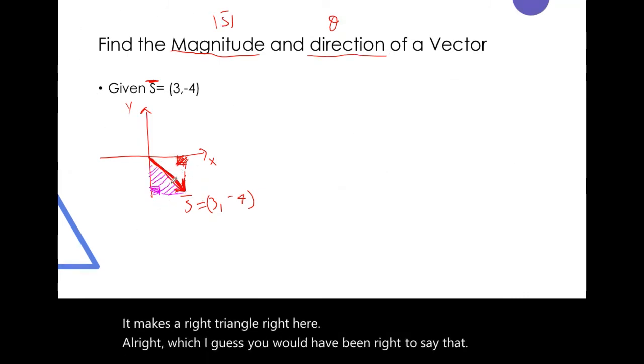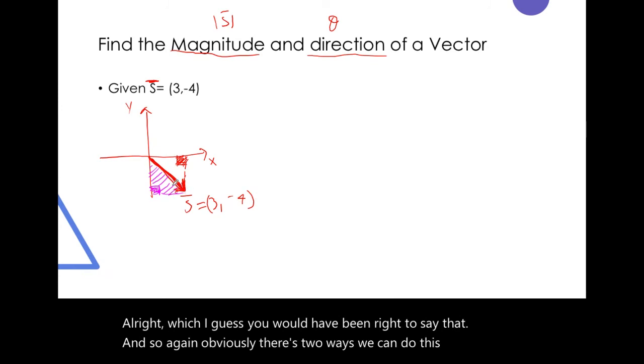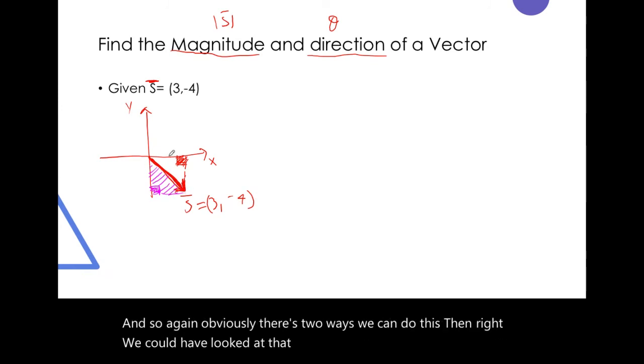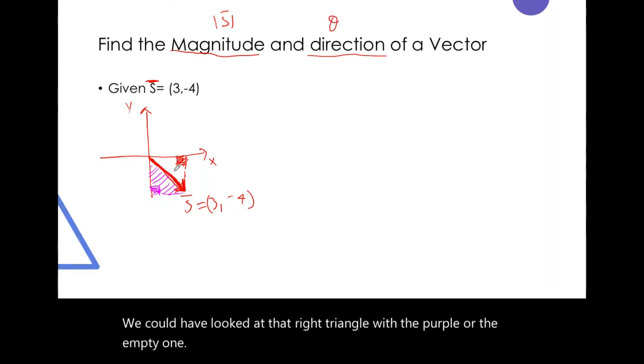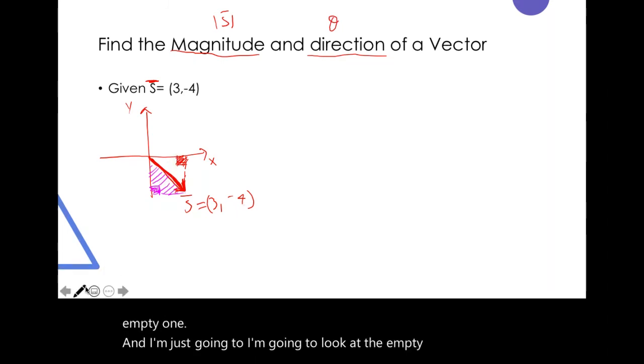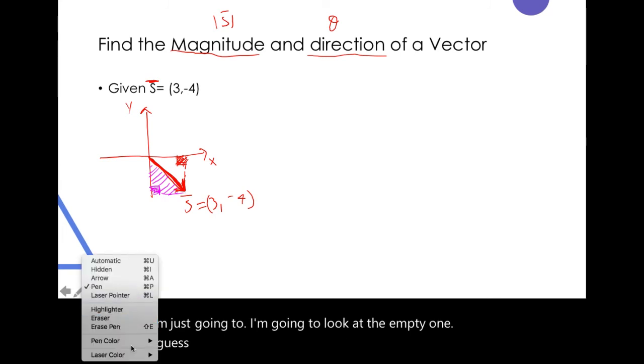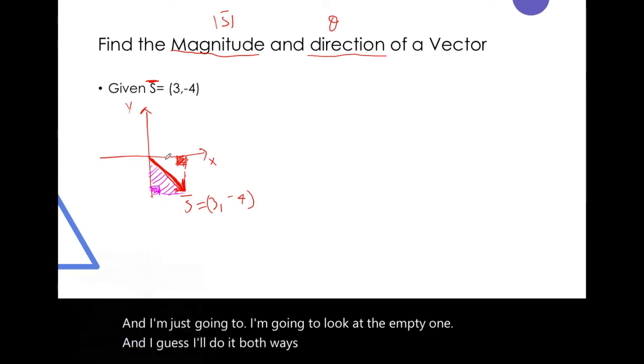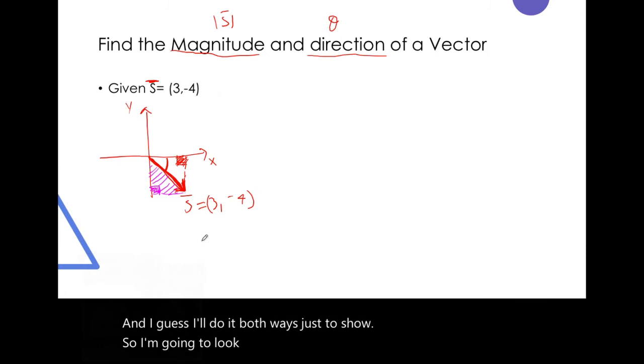And so again, now obviously there's two ways we can do this then, right? We could have looked at that right triangle, the purple, or the empty one. And I'm gonna look at the empty one. And I guess I'll do it both ways too, just to show. So I'm gonna look at this empty triangle. So I'll make my little angle there.